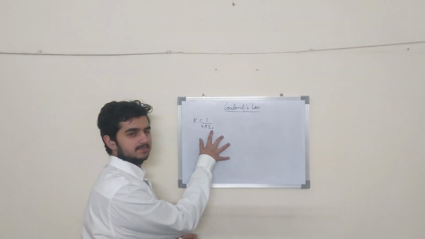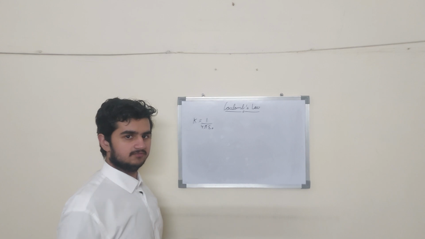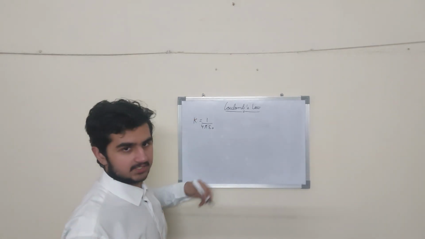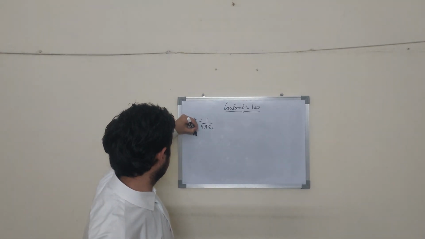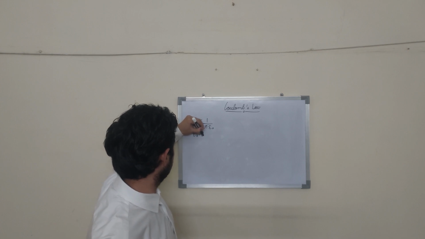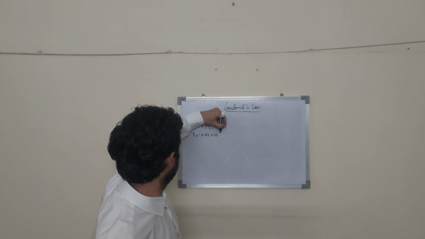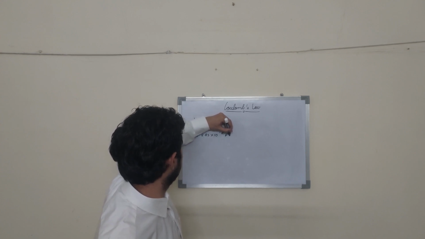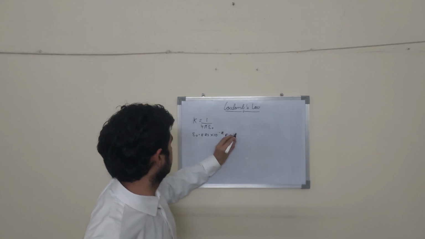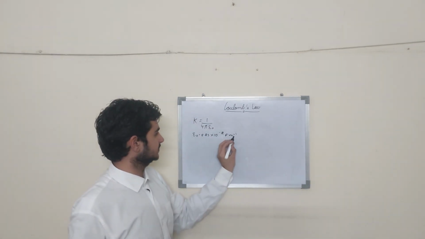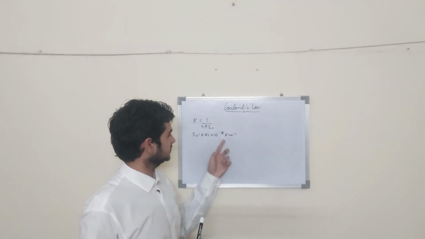So what is epsilon naught? Epsilon naught is the permittivity of free space or vacuum. So the value of epsilon naught is 8.85 into 10 to the power minus 12 farad per meter. So this is farad per meter. Farad is the unit of capacitance.